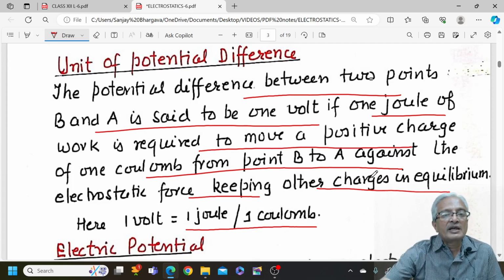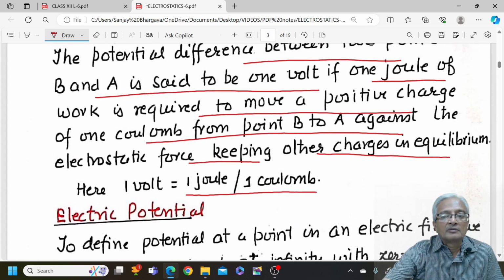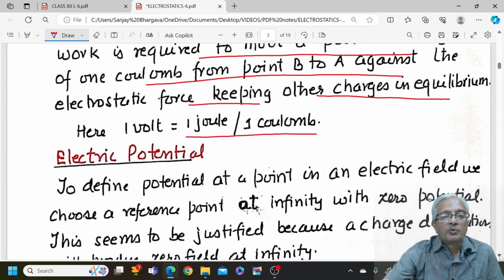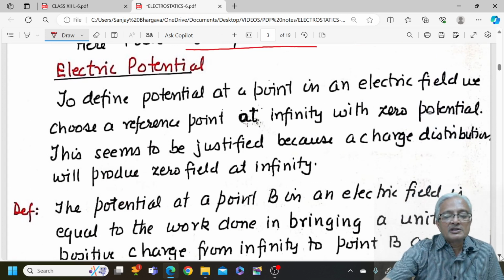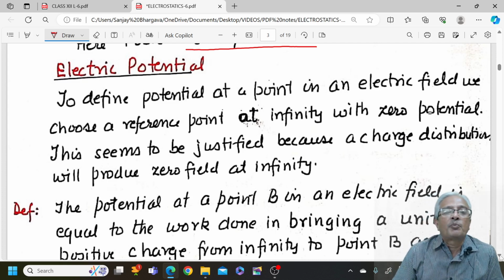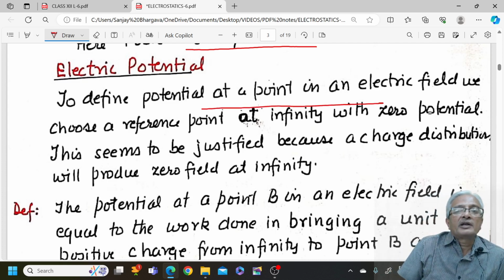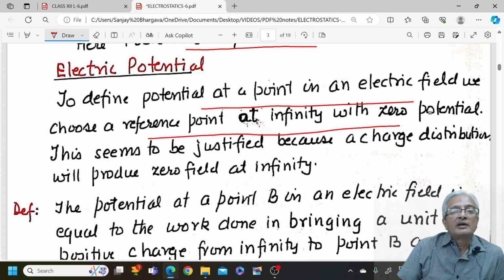Now the second term that comes to us is electric potential. Potential difference means difference of potential between the 2 points. And what is electrostatic potential? Potential at a given point. How do we define it? To define potential at a point in an electric field, we choose a reference point at infinity.